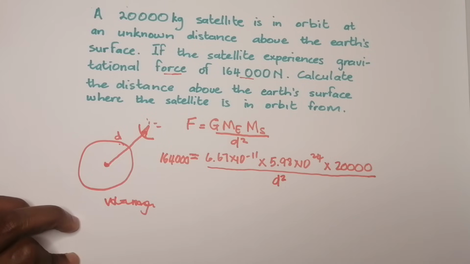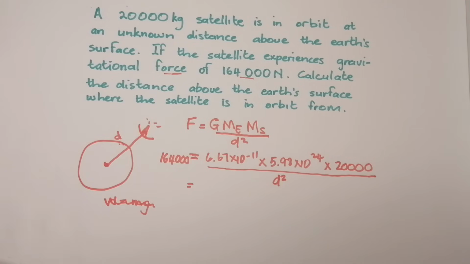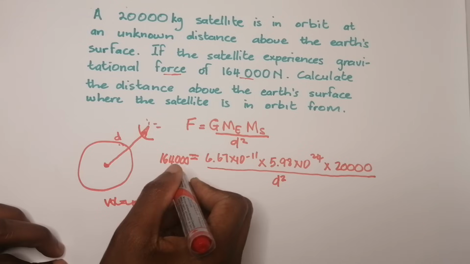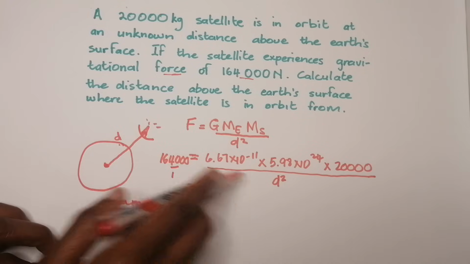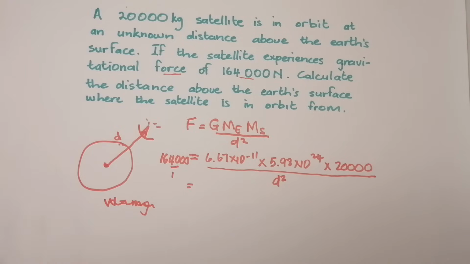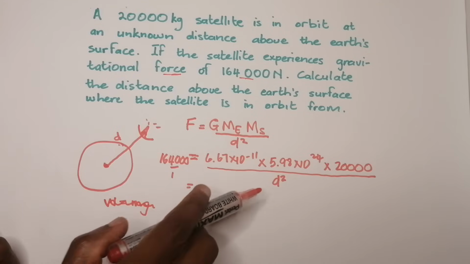Now, let's try to find out what that distance is. What we simply are going to do is cross multiply. So let's do that quickly, to make it easier for ourselves.